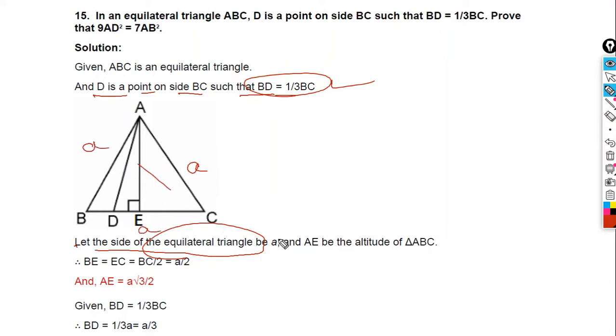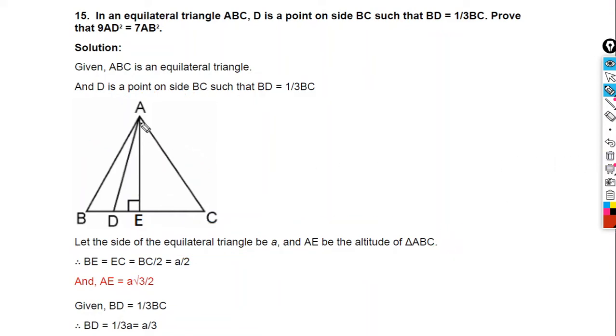AB equal to BC equal to AC will be A, and let AE be its altitude. We have to draw one construction, AE.